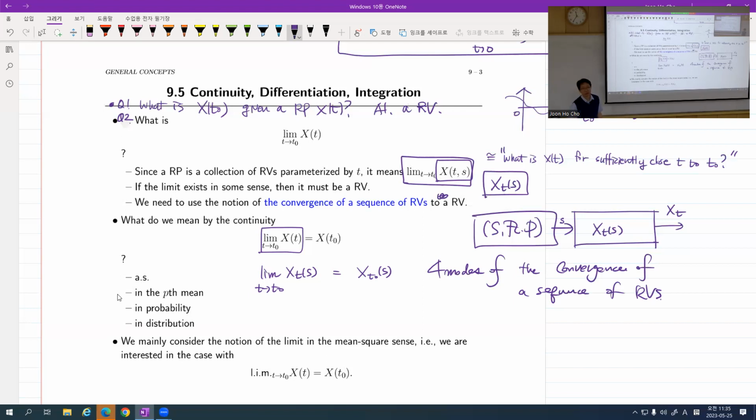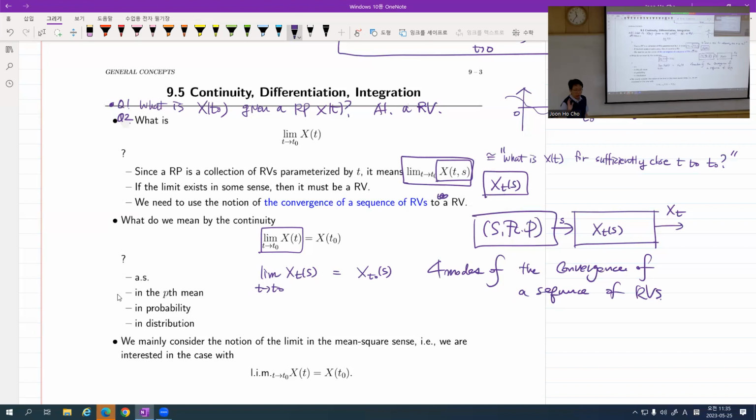So when we talk about just simply continuity, not even differentiation and integration, just continuity of a random process at some specific point, we need knowledge of the convergence of sequences of random variables. And we have to choose which one, the strongest or the weakest. By the way, when we talk about the strong law and the weak law of large numbers, actually we talk about almost sure convergence and convergence in probability.